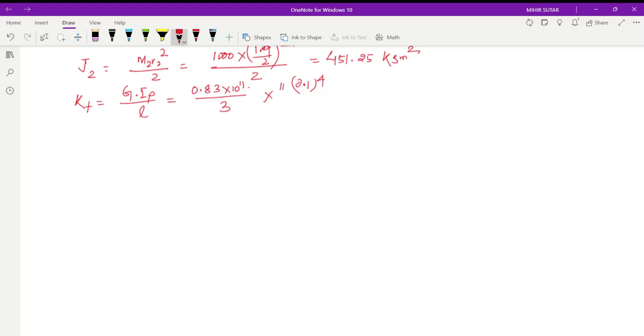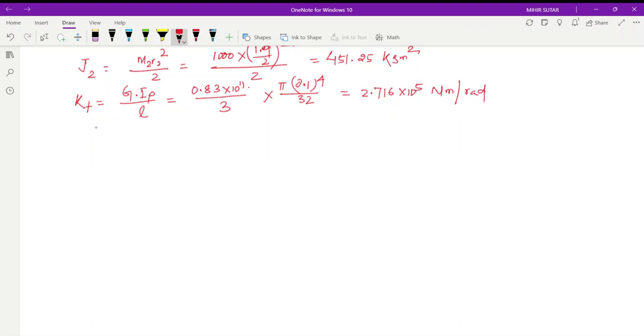Okay, we will multiply pi by 32, because it is pi d4 by 32, no? So it will be equal to 2.716 into 10 to the power 5 Newton meter per radian.